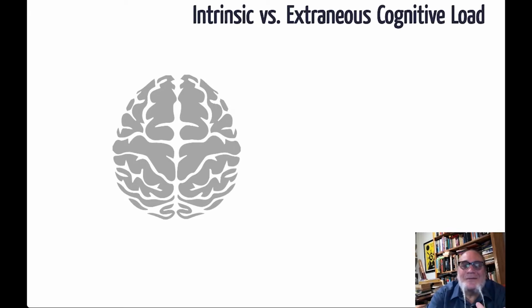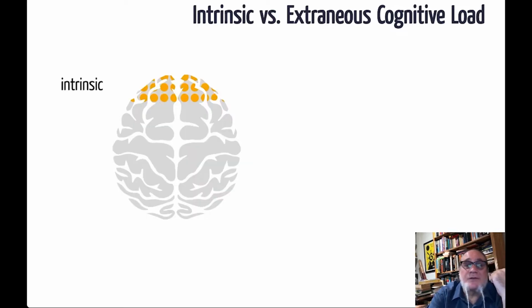I want to talk about intrinsic versus extraneous cognitive load. Cognitive load isn't just the amount of mental effort something takes. You can break it down into different aspects. Intrinsic cognitive load is that bit that is the core idea. That's the central idea.